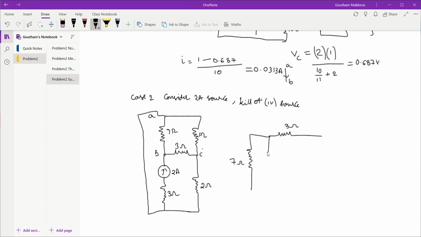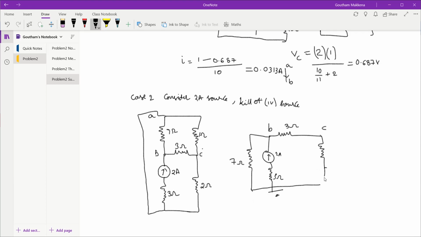Of course this 2 amp current source is also there, which is in series with the 3 ohm resistor. And similarly, the 1 ohm resistor is connected between C and A. C is at the other end, see, this is B, C is at the other end of the 3 ohm resistor. So 1 ohm's one end is connected to C, the other end of 1 ohm is connected to A, which happens to be this one, ground, because of the short circuit.